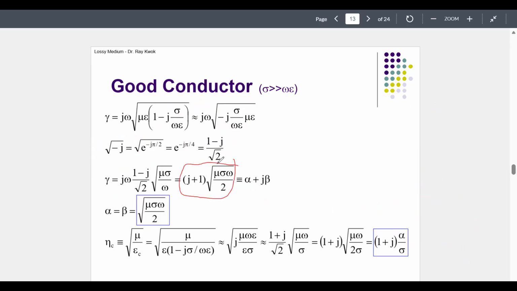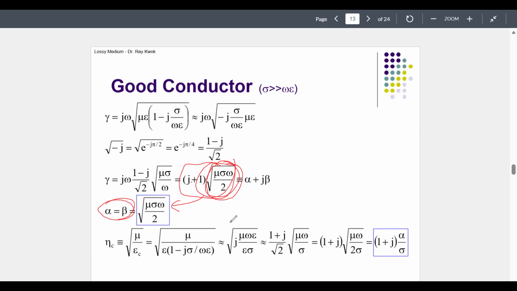The real part is this. The imaginary part is also this. Alpha is equal to beta. Only when you have a good conductor, alpha would be equal to beta. Okay, I would emphasize what that means and what the consequences of this are. And they both are equal to this. Alpha is equal to that.